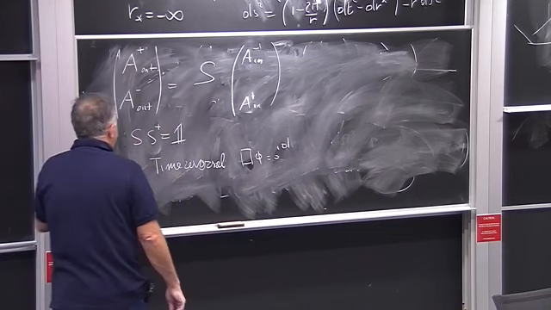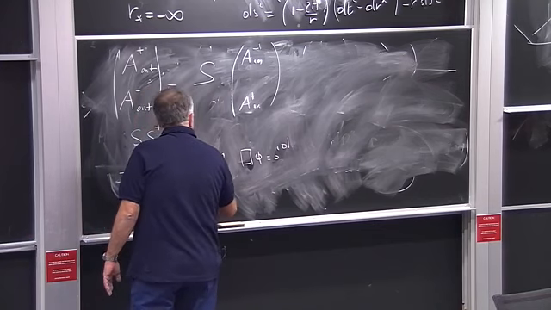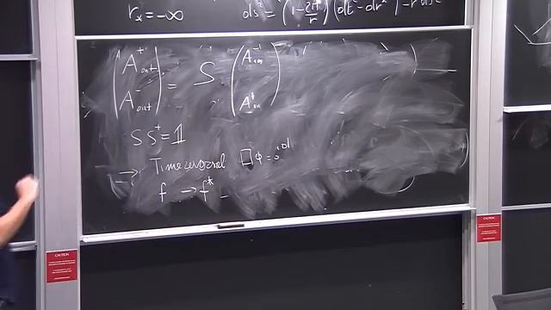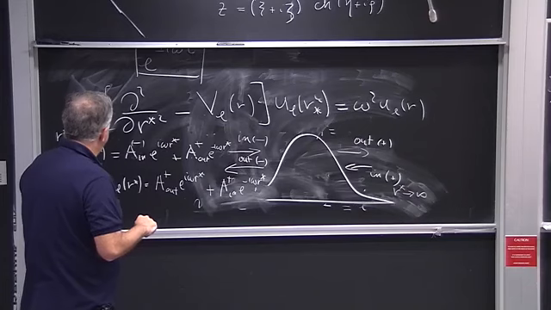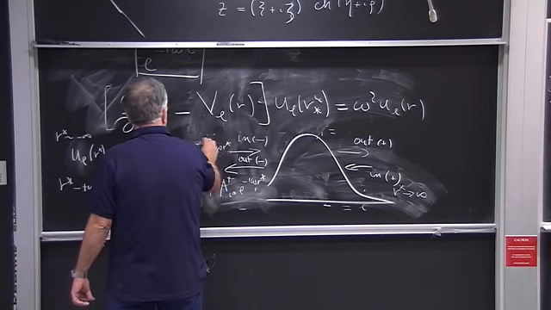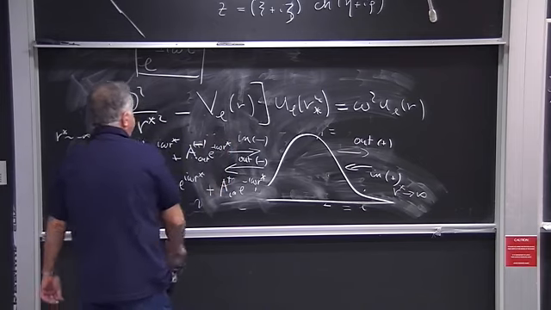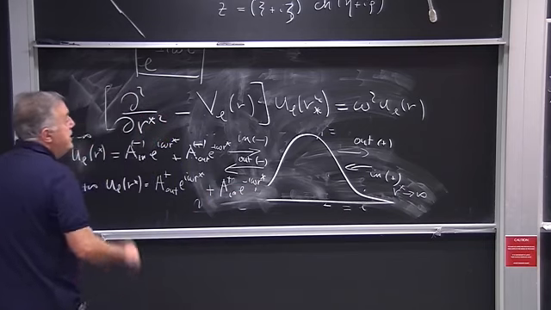time reversal invariance means that if f is a solution, f star is also a solution. So if you take the star of all of this, you get a mapping that A minus in is mapped into A plus star. Should it be a plus or minus? This is minus, sorry. We are here in the minus region. Okay.